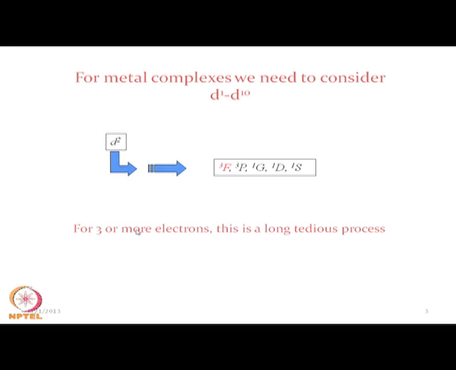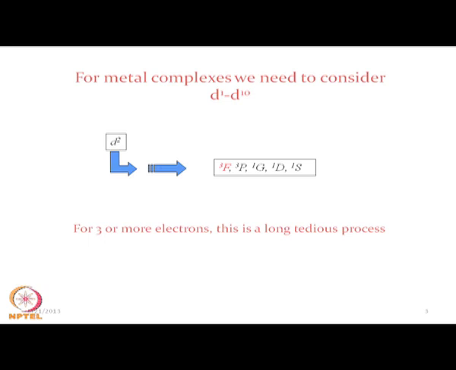For three or more electrons, there is a long, tedious process for determining these particular term symbols for the different electronic configurations.